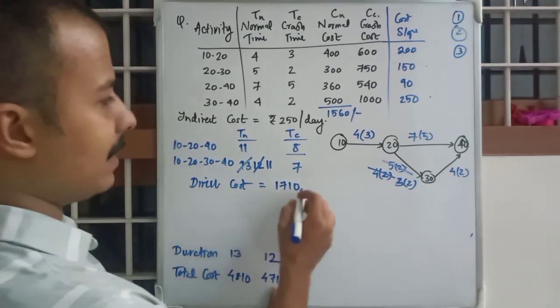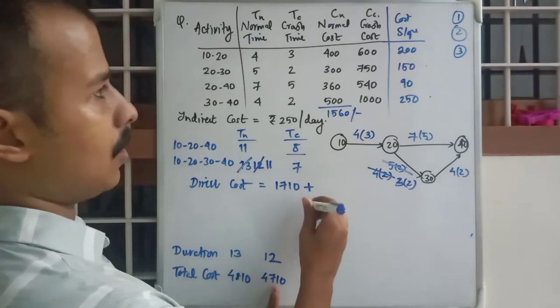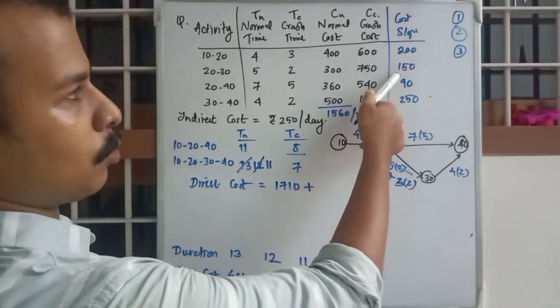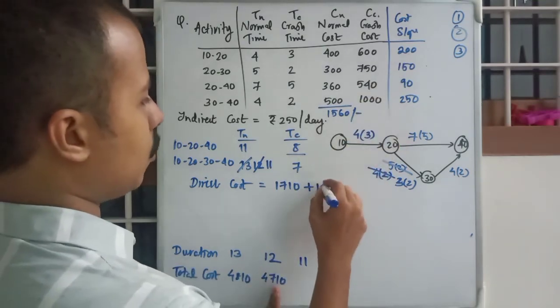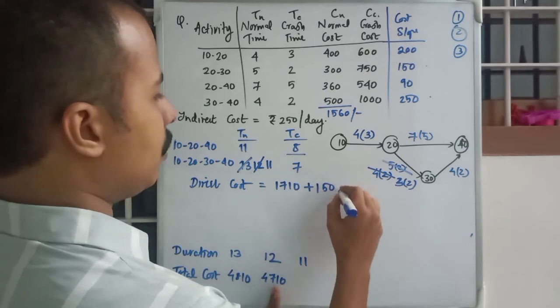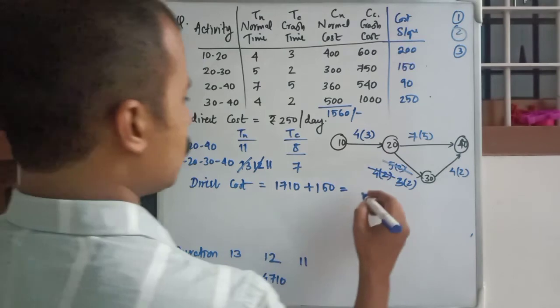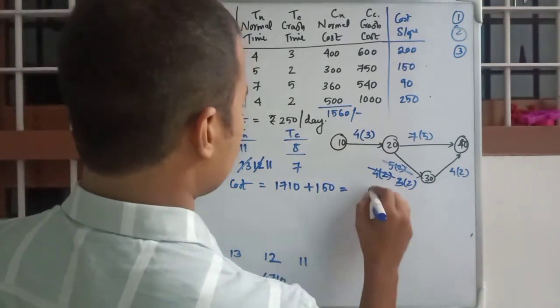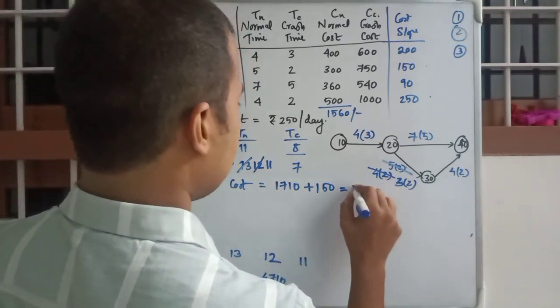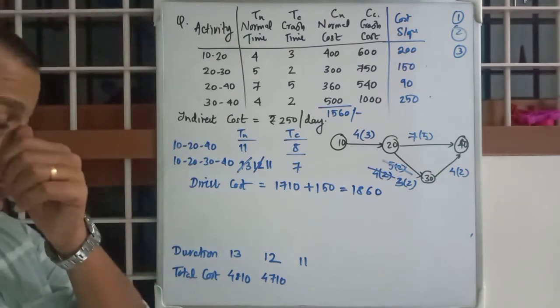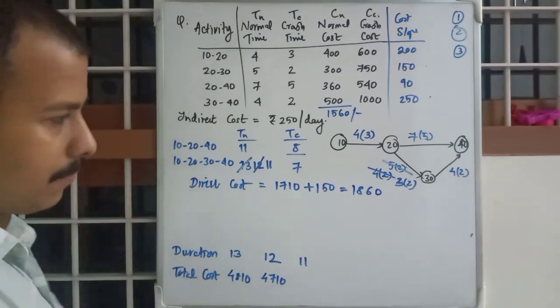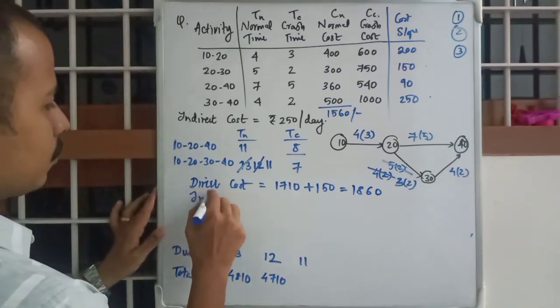So you will deal with that plus how much you reduce in 1 day. As the cost slope is 150, you will take 150. So that is 1860.